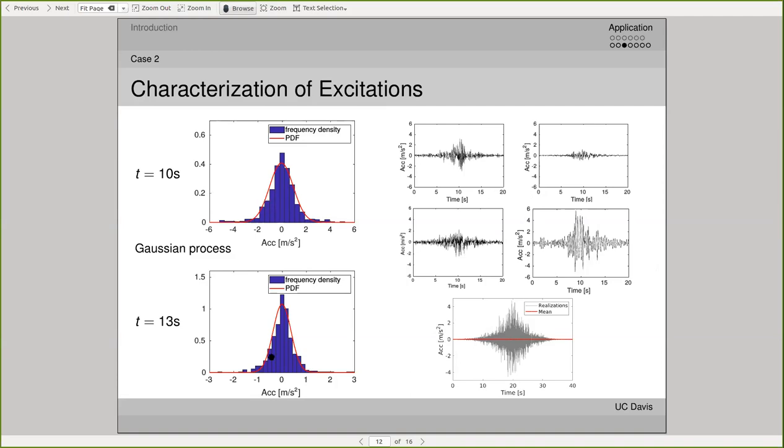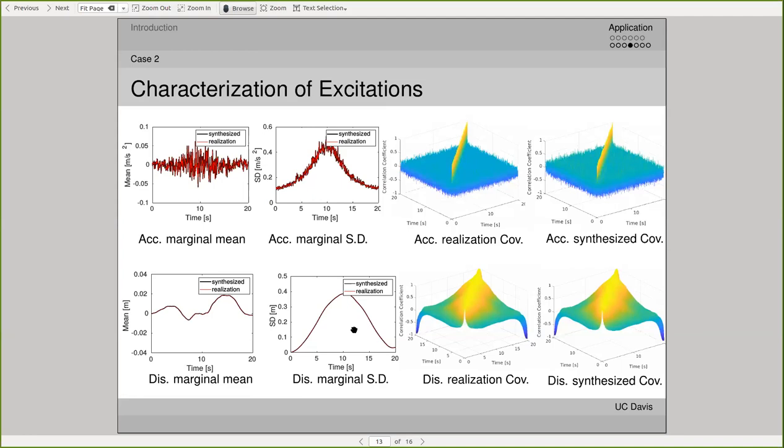We find that both can be quite well represented with a Gaussian distribution. So we can verify that such a ground motion process can be represented by a Gaussian random process. And it's also very important to characterize such a Gaussian random process with Hermite polynomial chaos.